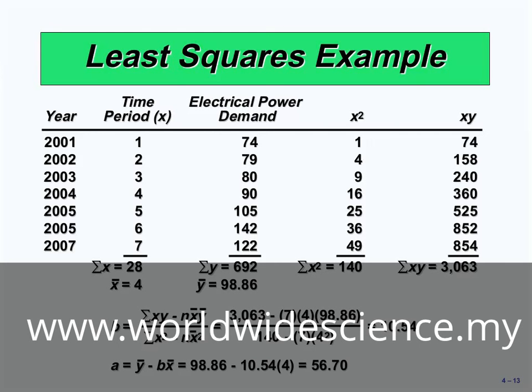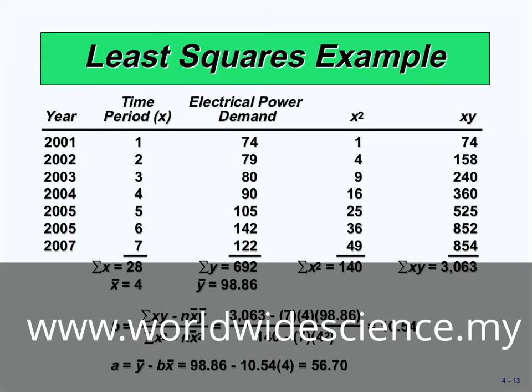We allocate 1 to 2001, 2 to 2002. This number 1, 2, 3, 4, 5, 6, 7 is X. If you sum these numbers together, 1 plus 2 plus 3 plus 4 plus 5 plus 6 plus 7 is 28. Sigma X equals 28. We have written it under the column X, time period.